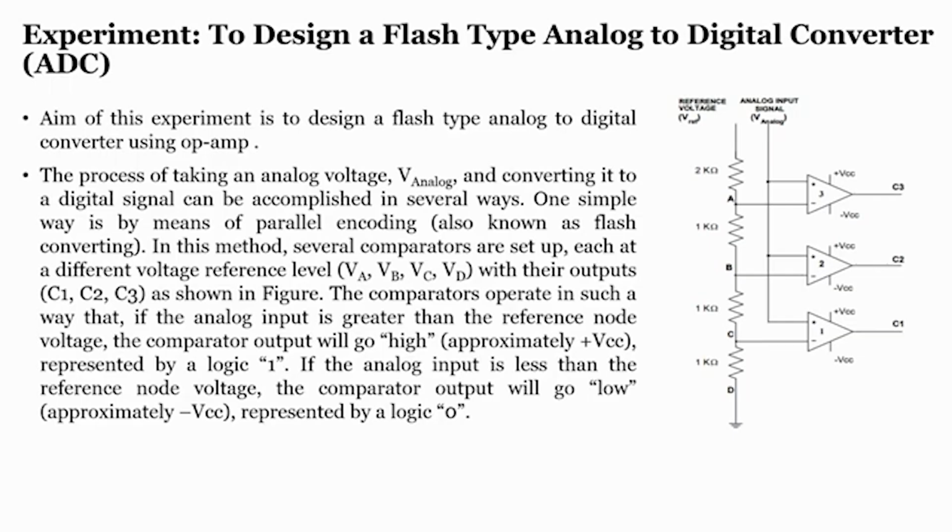So very quickly you can convert your analog value to digital, but the disadvantage of going with flash type ADCs is the complexity of the circuit. If you recall the circuit of a flash type ADC, it uses comparators. The complete conversion, or the output of the comparators, entirely depends upon the speed of your op amp.